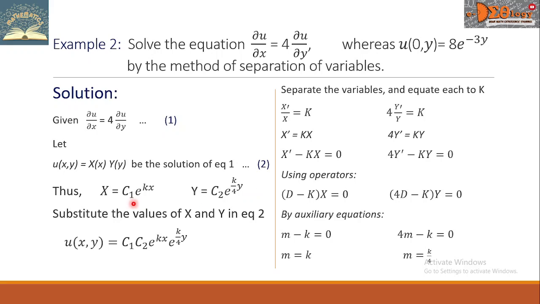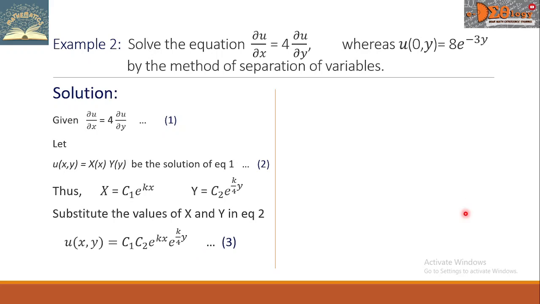We substitute the corresponding values to equation 2. So it becomes like this: u of xy equals c sub 1 times c sub 2 times e raised to kx times e raised to k over 4 times y. This is now equation number 3.